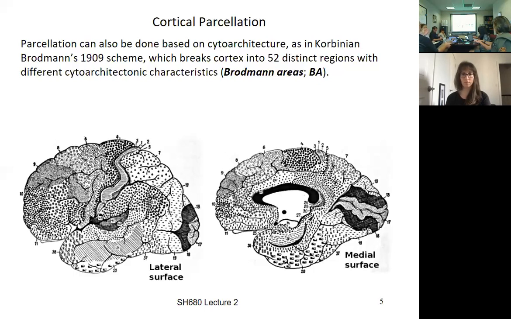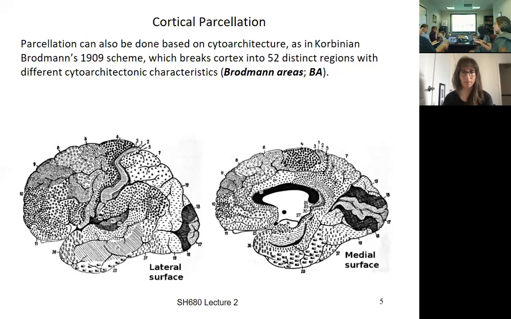So the key Brodmann's areas for speech are area 6, which is premotor cortex, area 4, which is primary motor cortex, area 44, which is part of the inferior frontal gyrus, and Broca's area, areas 1, 2, and 3, which collectively are the primary somatosensory cortex.